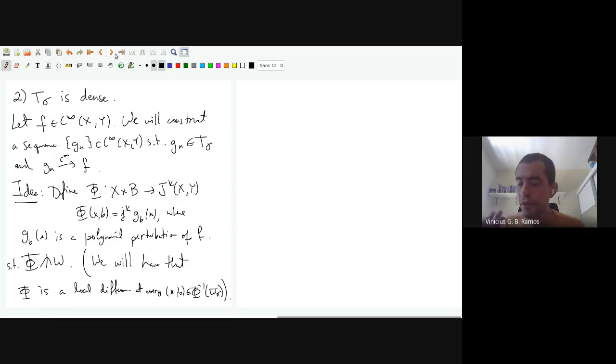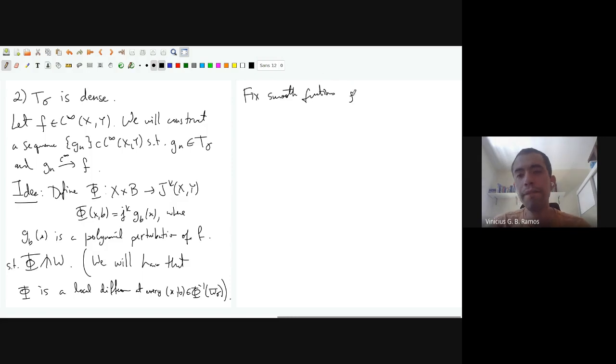Okay, so to make sure everything works, we have to do this in charts. We have to perturb in charts, and then glue it to a perturbation on the whole manifold. To be able to do that, I have to define bump functions that are supported in the charts. So we're going to fix smooth functions. These are bump functions.